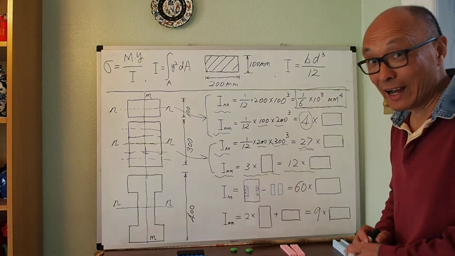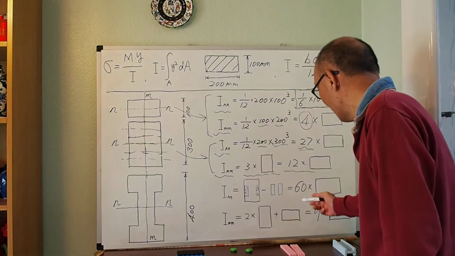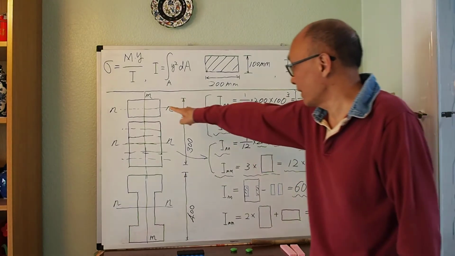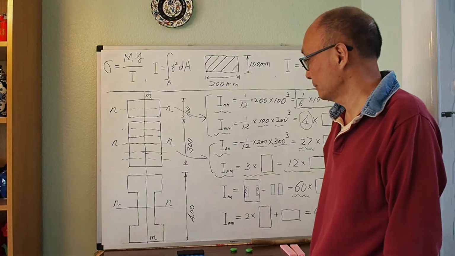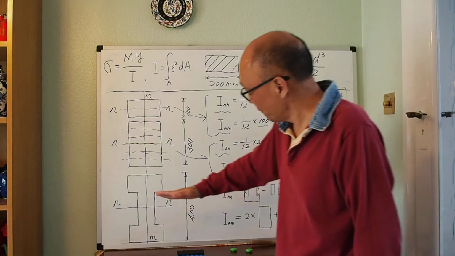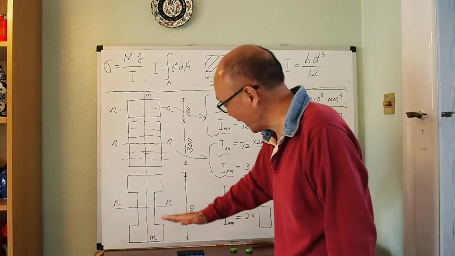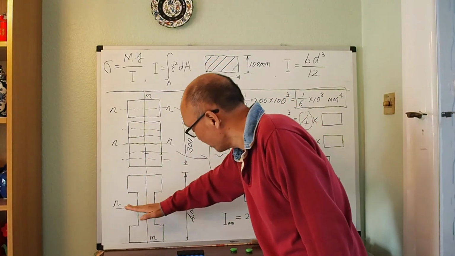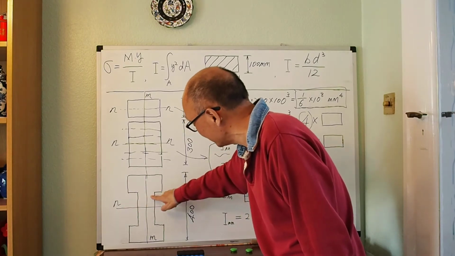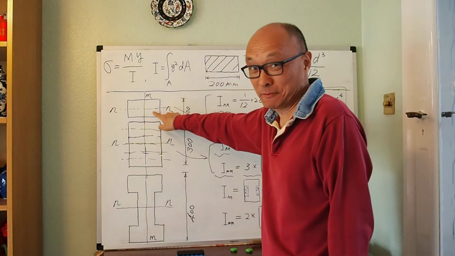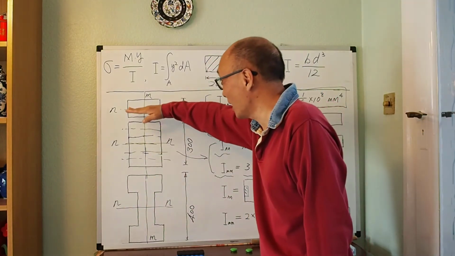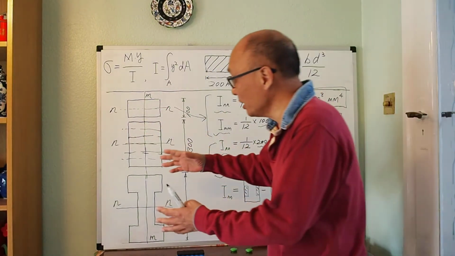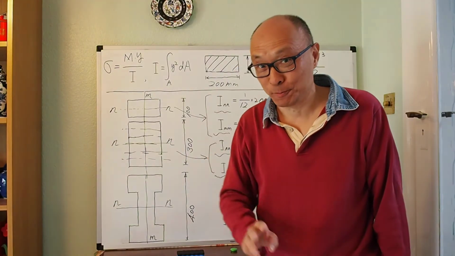So whichever way you calculate, you can end up with 60 times larger than that. Let me repeat again: this I section, the bending second moment of inertia about this axis, is 6 times larger than this case. But you are only using 3 times more material.